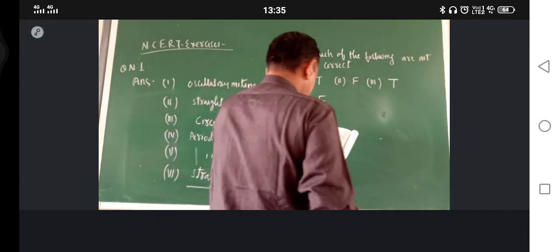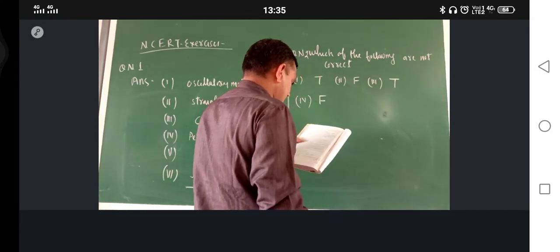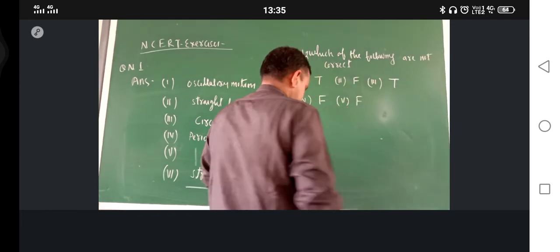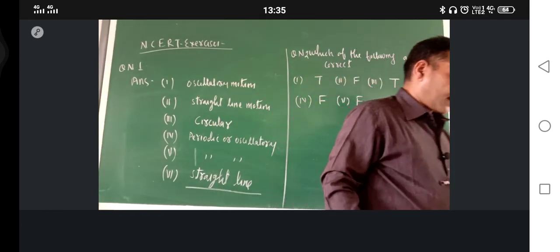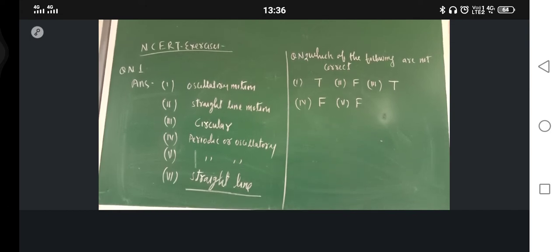Now fifth one. The speed of a train is expressed in meter per hour. No, false. It is expressed in kilometer per hour. So now second one also. The time period of a given pendulum is constant.